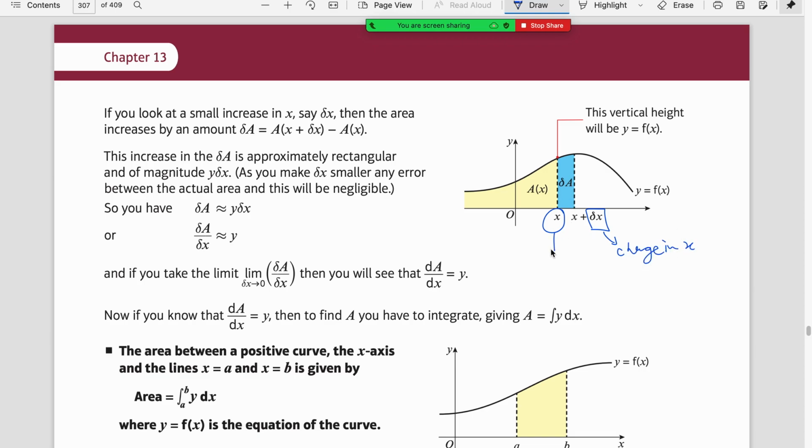For example, I say x is 2 and then I say there is a change of 0.1, so this would be 2.1. So when x changes from 2 to 2.1, the area is also increasing. From 0 to x, the area is a, or 0 to 2, the area is a. From 0 to 2.1, the area is changing. So how much change in x is giving how much change in the area.